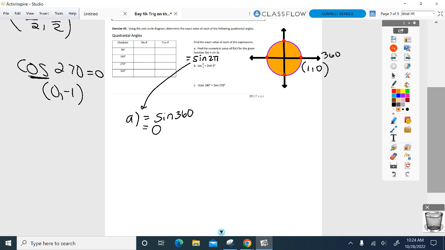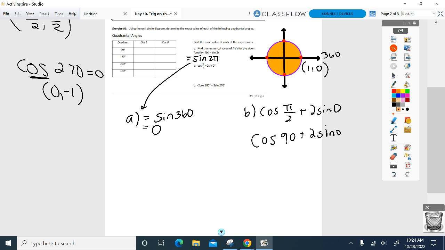All right. Next up, cosine pi over 2 plus 2 sine 0. Pi over 2? Pi over 2, come on. 90. So ready? Cosine 90 plus 2 sine 0.